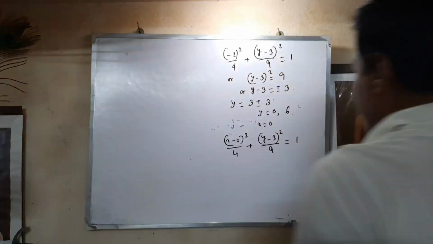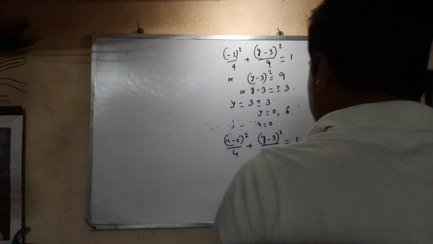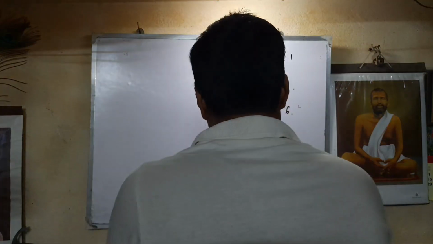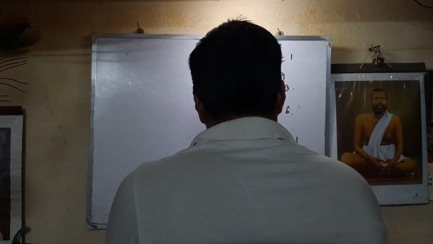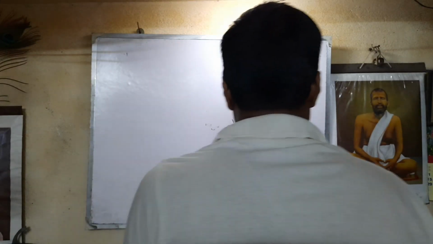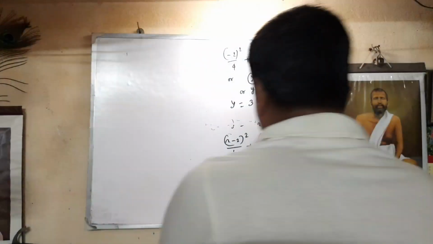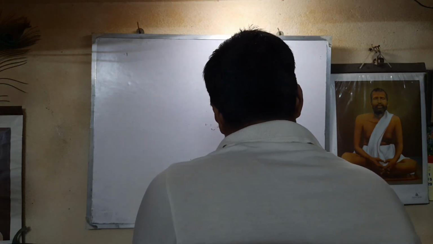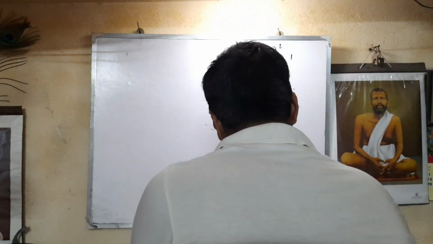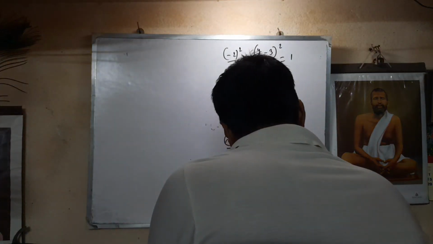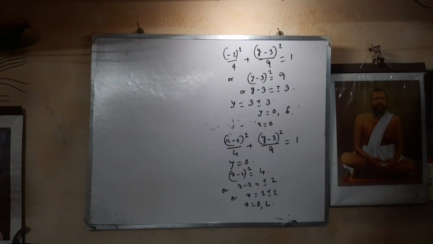If you put y = 0, that means (x − 2)² = 4, or x − 2 = ±2, or x = 2 ± 2, that is x = 0 and 4.